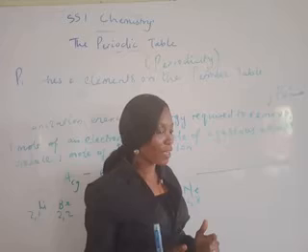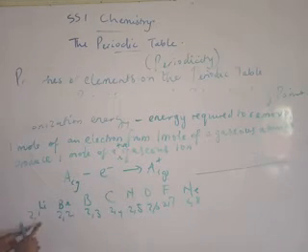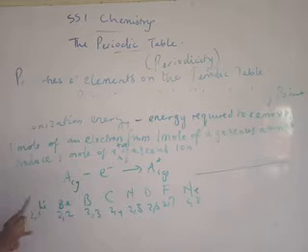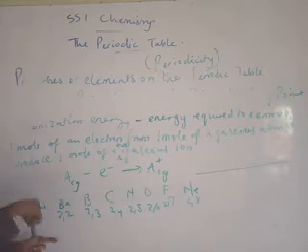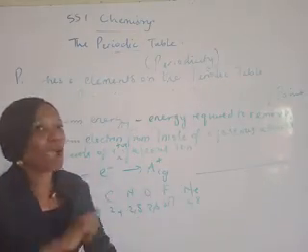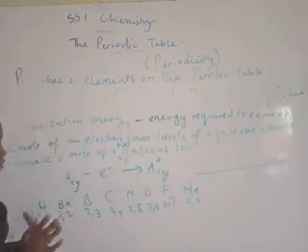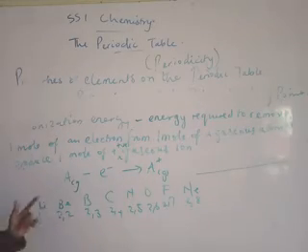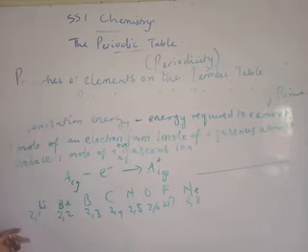Is that okay? So what I'm saying is that as the number of electrons increases, nuclear charge also increases. And so as more electrons are being added, it increases the more. So we can say that the number of electrons being added is directly proportional to the nuclear charge. That's what I'm saying. Okay?